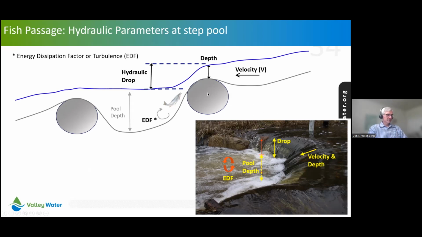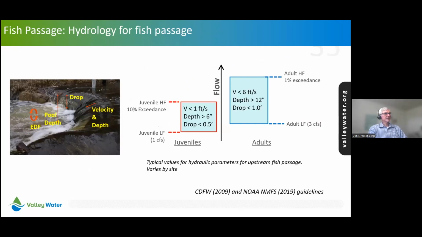There's another slide here. So these are hydraulic parameters, but it's unreasonable to expect that your stream or your structure is going to pass fish in all flows, because the fish really only move within certain flows. The California Department of Fish and Game has characterized envelopes for flows.